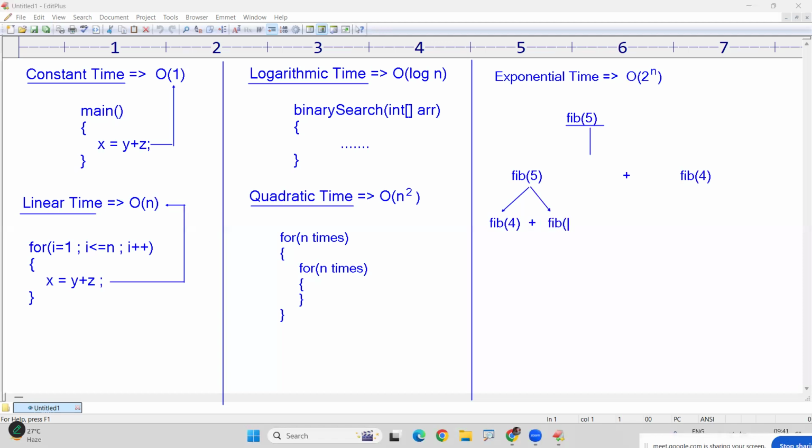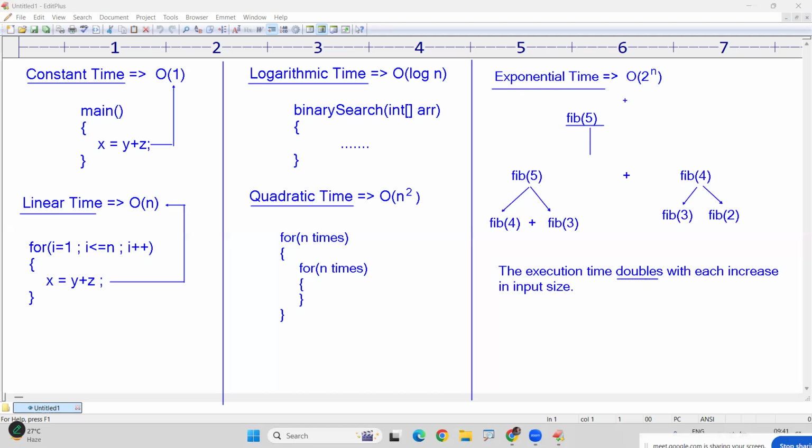The same thing happens here also: Fib of 3 and Fib of 2. So whenever you increase the input size by just one, the execution time always doubles.